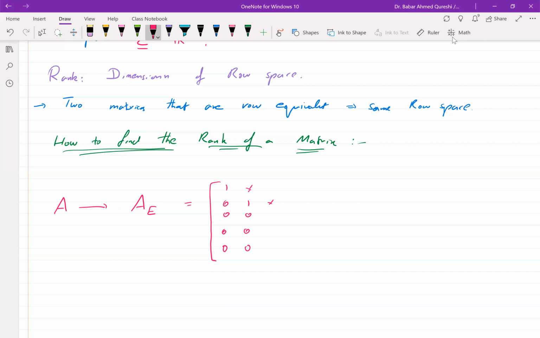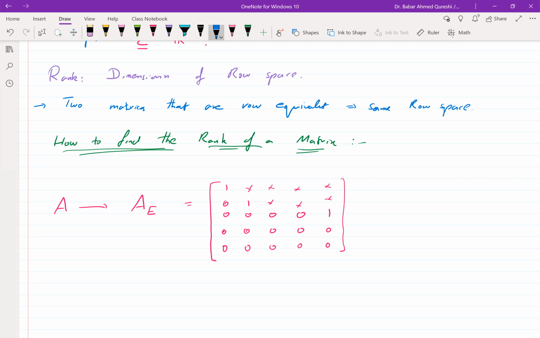Then it's possible that in the next row, so in each row you have a lead variable, but what can happen is you can, for example, skip and go here. But if this happens, you will have all the zeros down here, but some other entries here. This is just one example, like typically what you get in the echelon form.